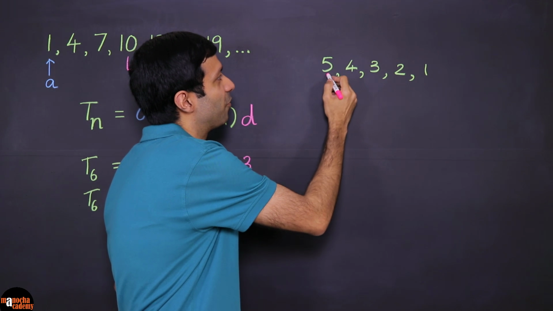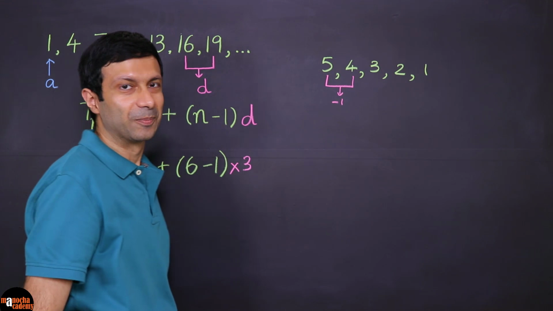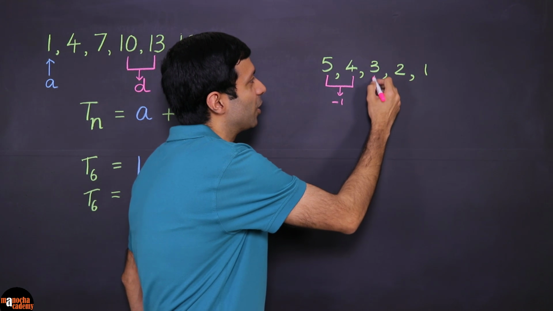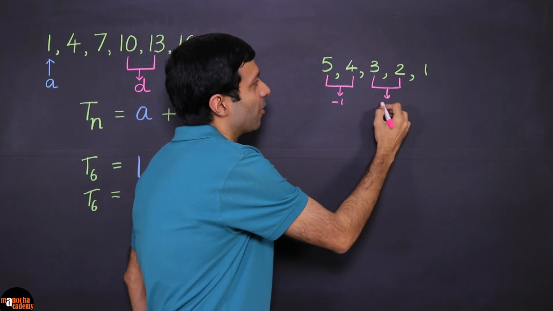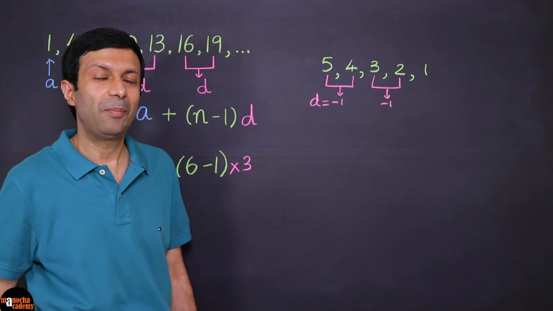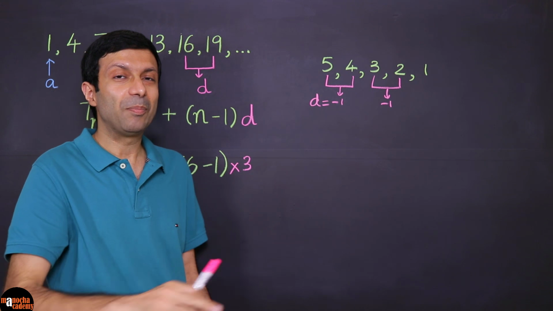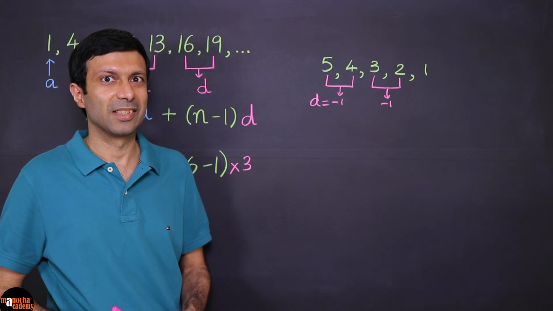If you take the difference between these two terms, can you see the difference is minus 1? And again, any other two terms you take, the difference is minus 1. So the common difference here is the same, it's minus 1. So this is also an AP. So an AP can be decreasing also like this.